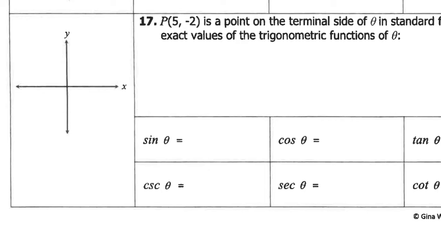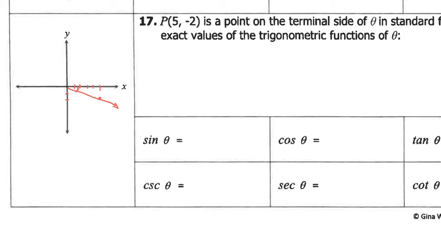So (5, negative 2), you're going to go to the right 5 and down 2. So that's going to be a point on the terminal side of the angle. So there's the terminal side of the angle. You really only need to worry about the reference angle. So the reference angle is the distance between that terminal side and the x-axis.